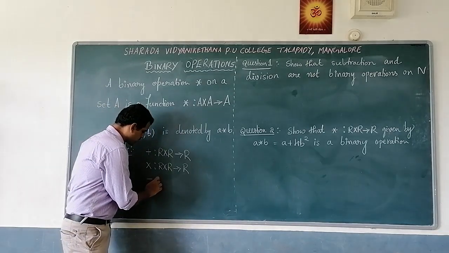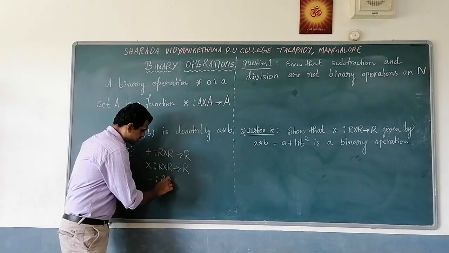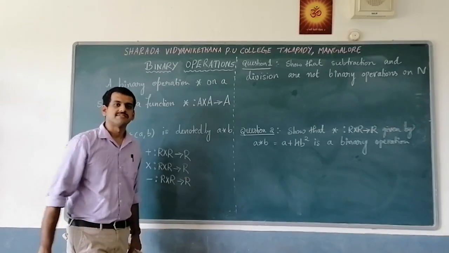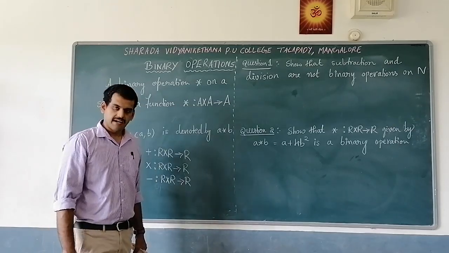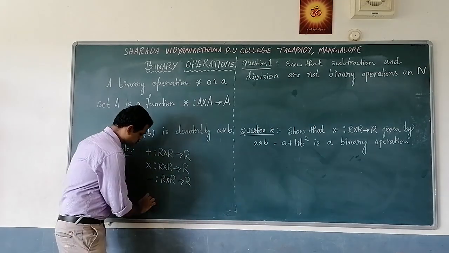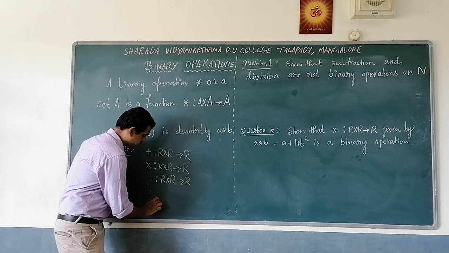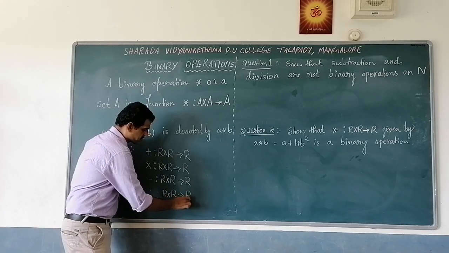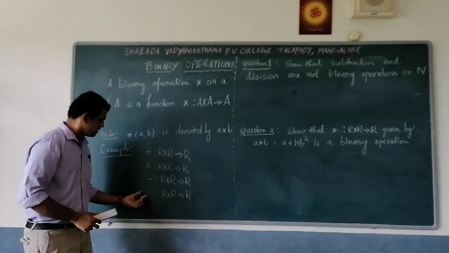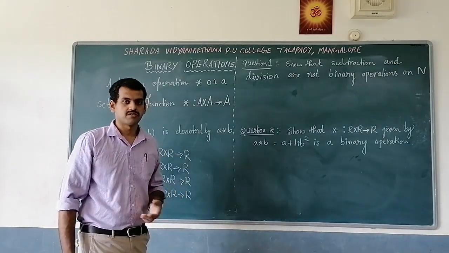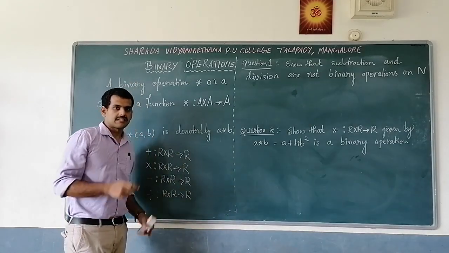Coming to subtraction, definitely subtraction of one real number from another real number is again a real number. Therefore, it is a binary operation. But when we come to division, the operation division on the set of all real numbers is not a binary operation, because one case gives the problem.